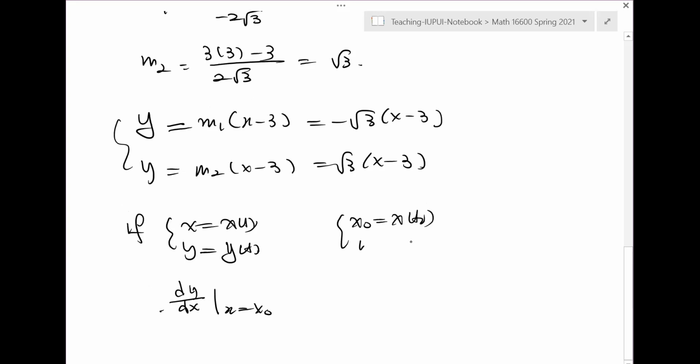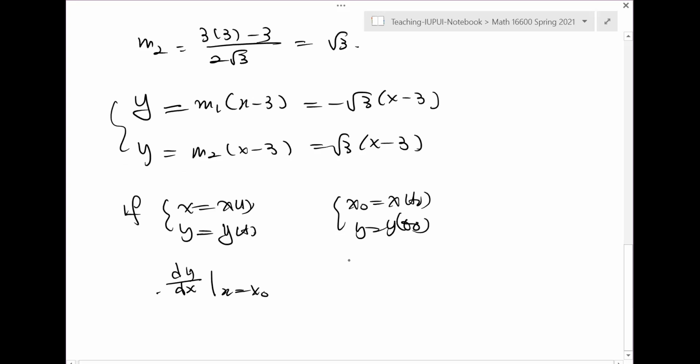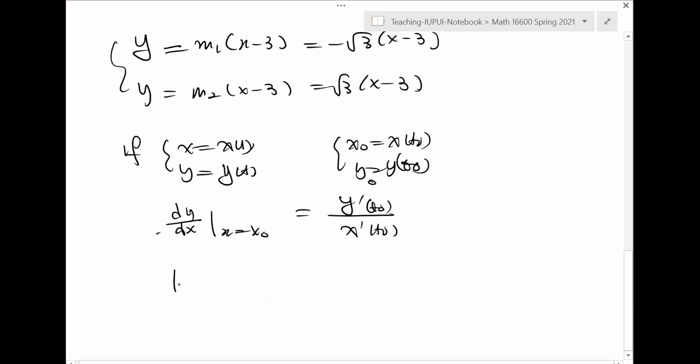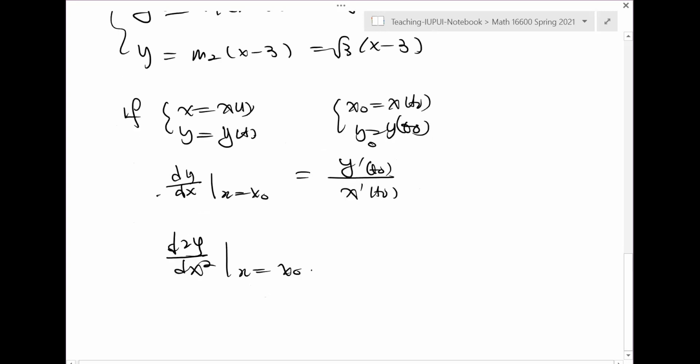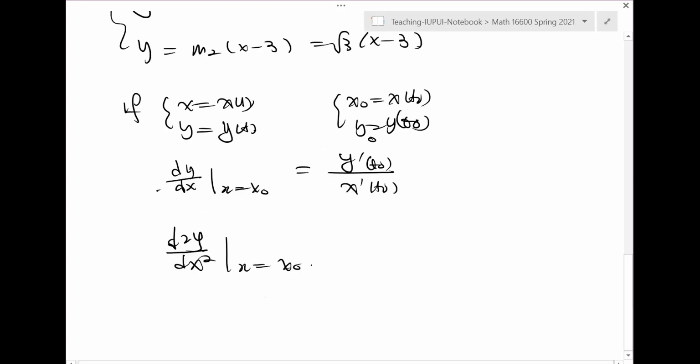I just showed you, this is going to be y prime t naught over x prime t naught, right? But the question is, how can I find the second derivative with respect to t? So x depends on t, y depends on t.